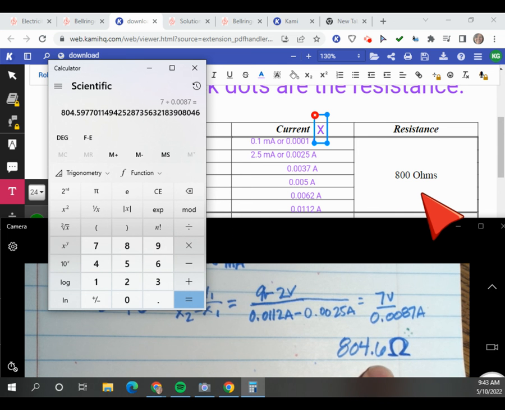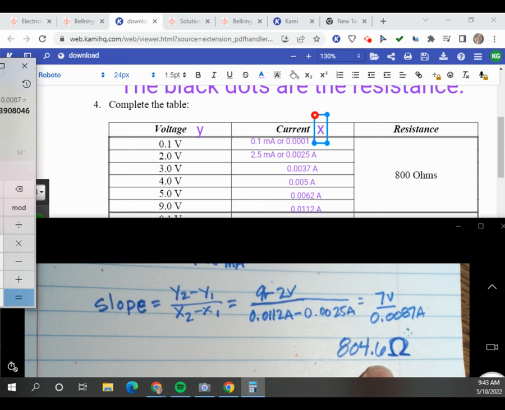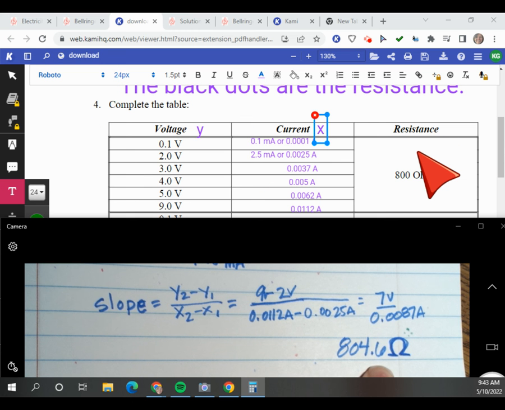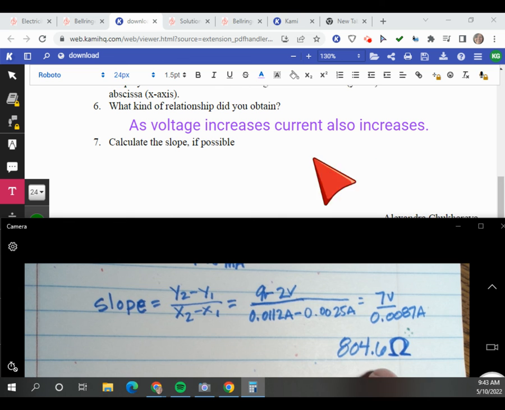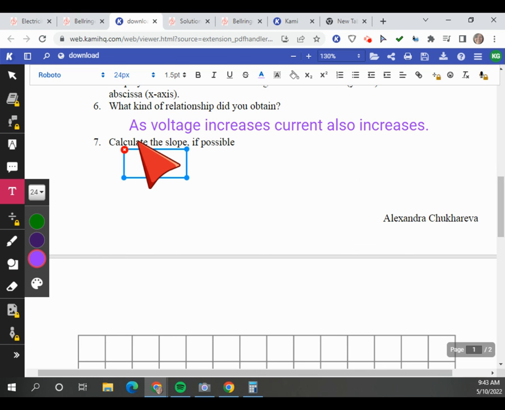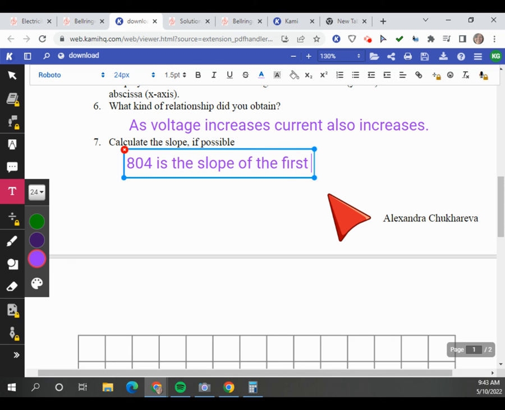So the slope of the line that is created by this graph is the resistance that each of them will have. So on number 7, we could say that 804 is the slope of the first line.